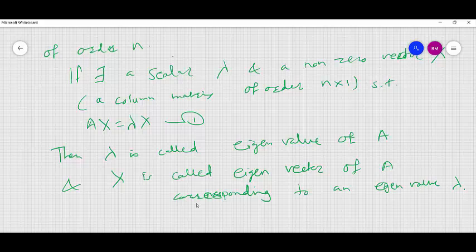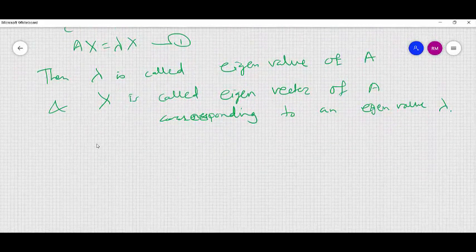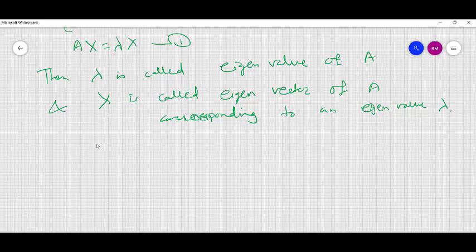You can understand this concept with an example. Suppose we take an example.